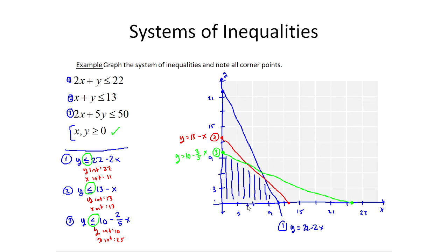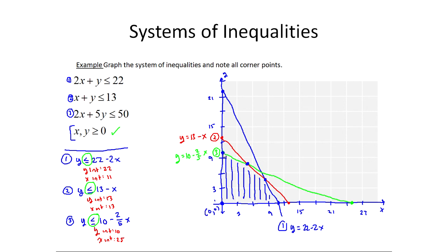And now once I have that, what I need to do is mark any corner points. Any points of intersection. So this one, this one, this one, this one, and this one. Any points of intersection that are on the feasible region count as corner points. So this first corner point, I'm going to write them all down in a second. This first corner point is the origin, 0, 0.